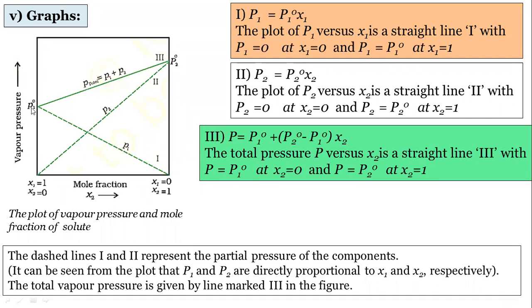Means the graph of P1 versus X1, the graph of P2 versus X2, and the graph of total pressure are always straight lines. If one MCQ is asked, they will not ask to draw any graphs, so don't take any tension about these graphs. Always remember the graph of P1 versus X1 is a straight line, P2 versus X2 is also a straight line, and the graph of total pressure versus X2 is always a straight line.